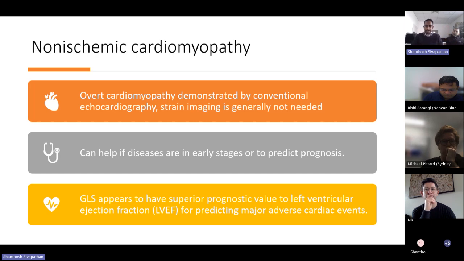The MRI is much more accurate than the echo ejection fraction. The question is, what do we do about it? We don't really know at the moment. We monitor it. We may start them on anti-failure medications and keep an eye on them before they come back 5 or 10 years later with an EF of, say, 30 or 10%. So in that case, GLS is quite helpful to detect subclinical disease, more so than your Simpson's biplane.